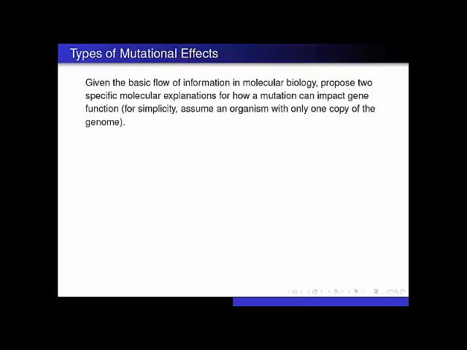So the basic question is: use the language of molecules to give a couple of examples of how a change at the DNA level could result in a change in downstream function, basically by affecting a gene. Any other questions about what you're being asked?